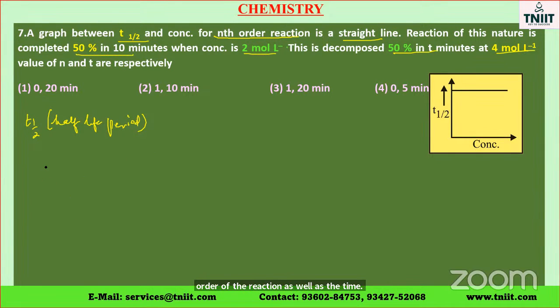Now, for a first order reaction, we know that half-life period T half is equal to 0.693 by K. Now, T half is a constant.